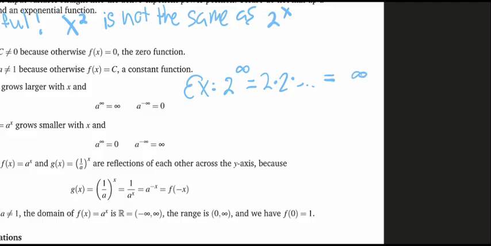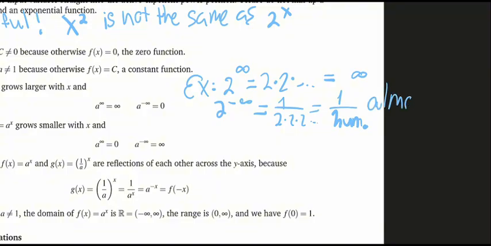On the other hand, 2 to the negative infinity is going to be 1 over 2 times 2 times 2 and so on. That's going to be 1 over something humongous, which is something close to 0. Almost 0. That's for a greater than 1, when a is something positive greater than 1.